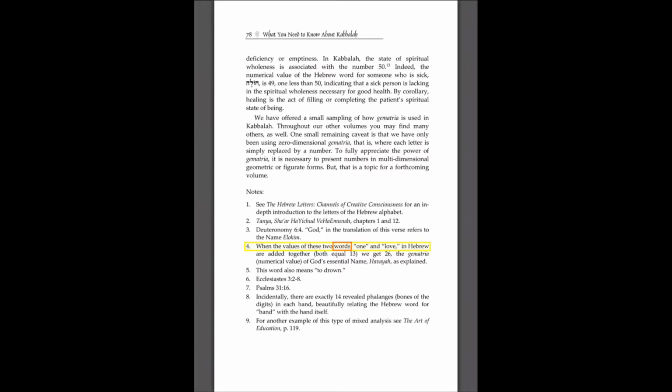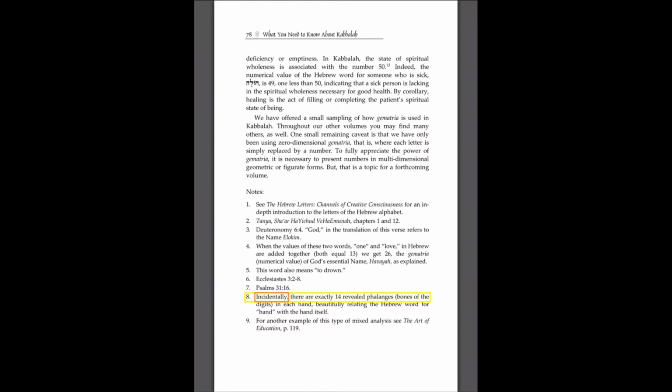When the values of these two words, one and love, in Hebrew are added together, both equal 13, we get 26, the gematria, numerical value, of God's essential name, Havaya, as explained. 5. This word also means to drown. 6. Ecclesiastes 3:2-8. 7. Psalms 31:16.